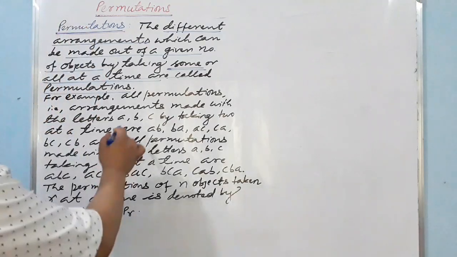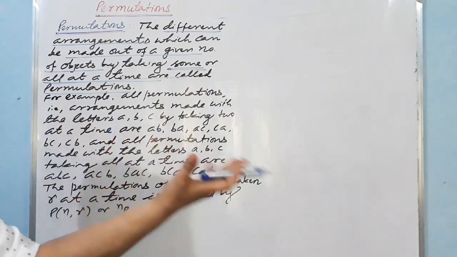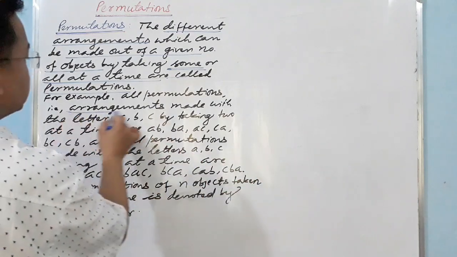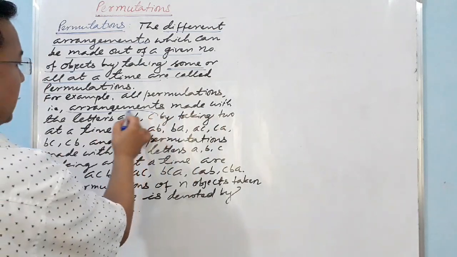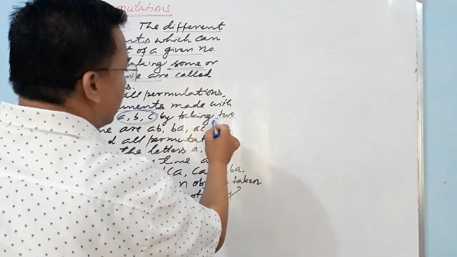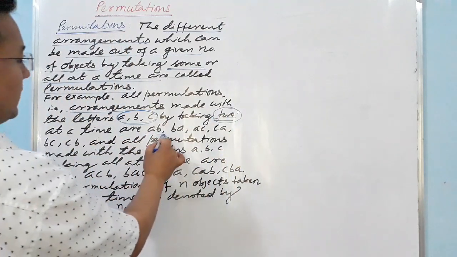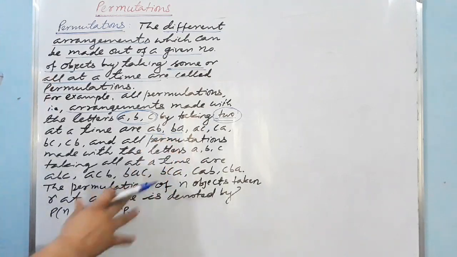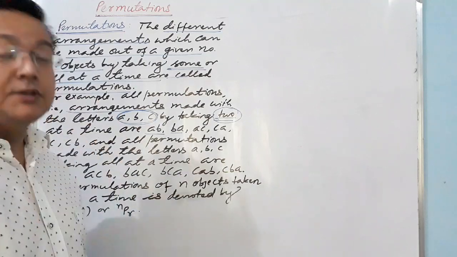Here is an example. All permutations, that is arrangements, made with the letters ABC. I have taken 3 letters ABC, taking 2 at a time. These are AB, BA, because as I told you, in permutation the order of the objects matters, right?